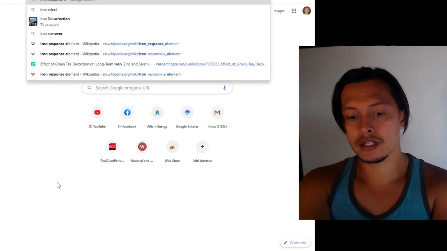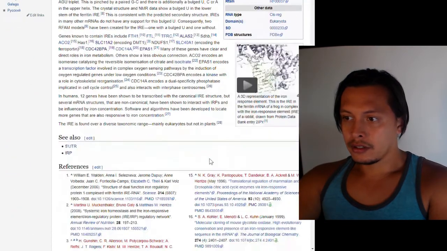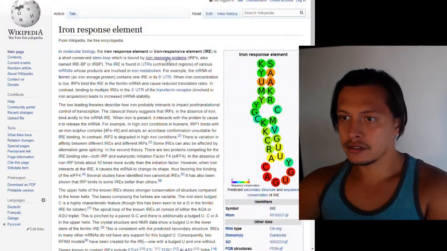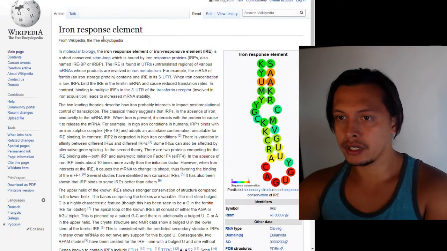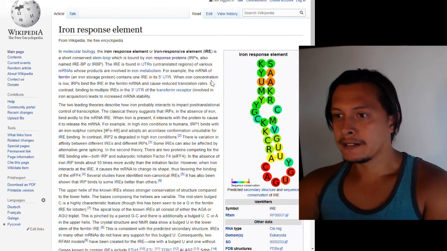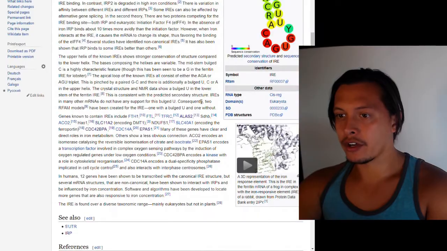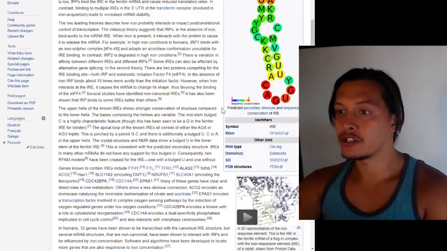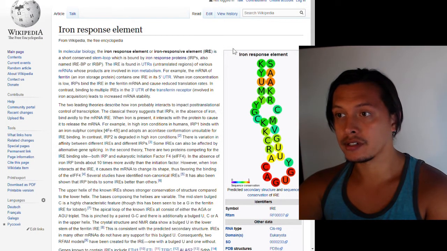Iron response element. Let us look up the iron. Okay, so there used to be, I shouldn't say used to be, I had another video on it, and I'll probably have to go to that as well. There was a really nice diagram that I found that showed what proteins are up and down regulated in the presence of iron.